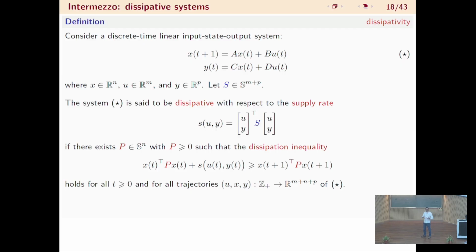But I can abstract this energy conservation principle in this way. I have this supply rate. It represents the energy we extract or put in the system, depending on the sign. And this dissipation inequality says that the energy dissipates, actually. I cannot generate more energy than the stored energy plus the supplied energy, it says.